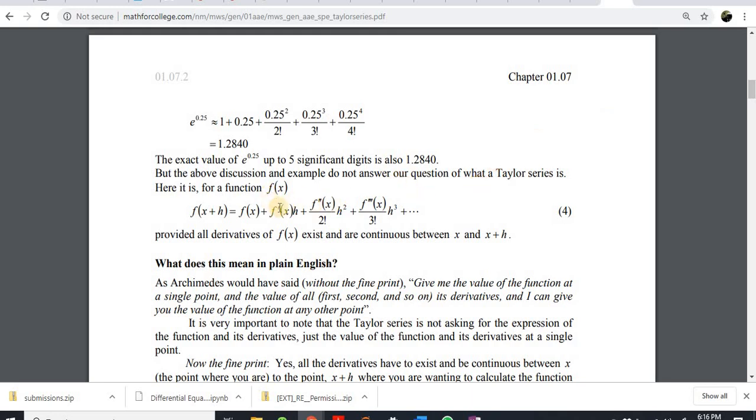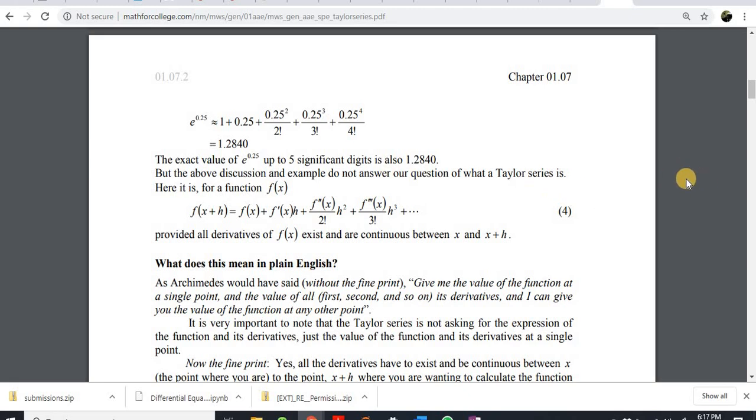If you know all of them, that's quite an incredible thing, isn't it? That you know all the derivatives at one particular point, and that allows you to find the function wherever. Now, that's not true for any function, but it's true for a large class of functions. So it's really quite incredible.